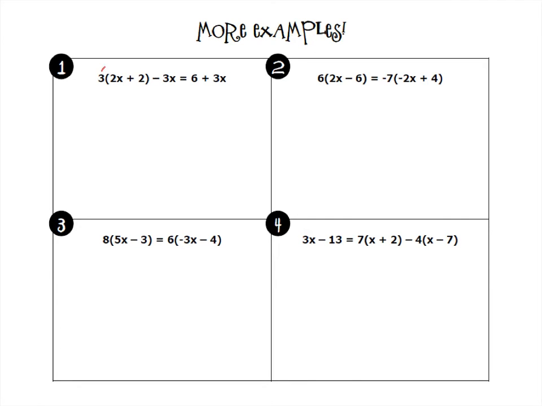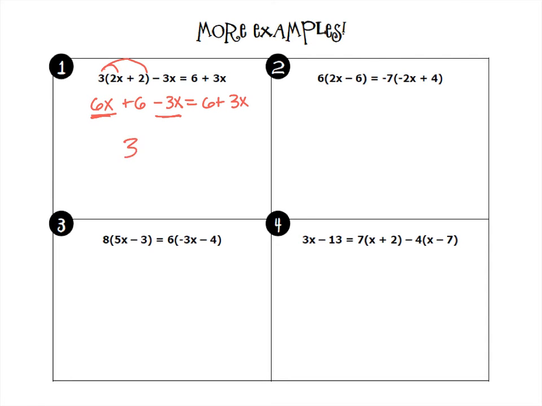But when we go distribute things, 3 times 2x is 6x, and 3 times 2 is 6. And then I'm copying down the negative 3x, copying down the equal sign, 6 plus 3x. And I'm going to try and bring the x's to the same, well, I think we have like terms, the 6x and the negative 3x.